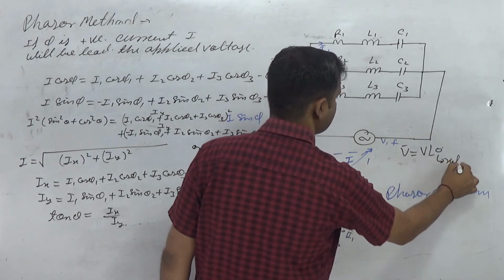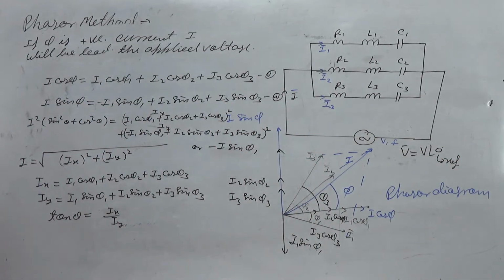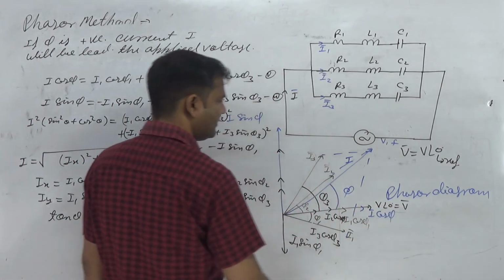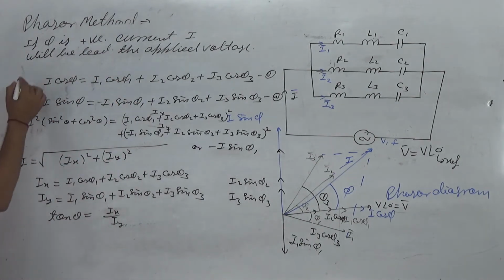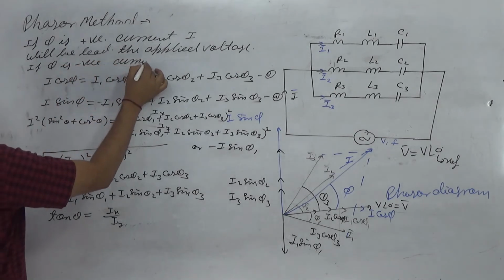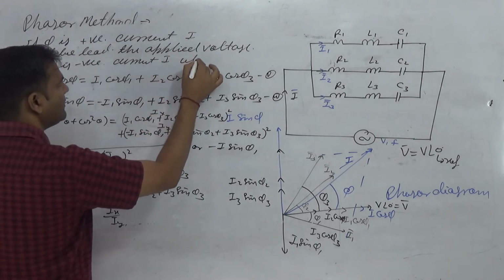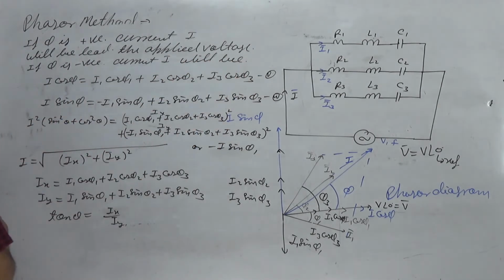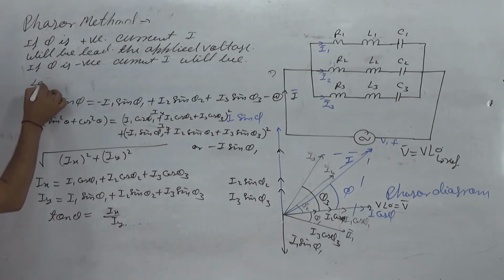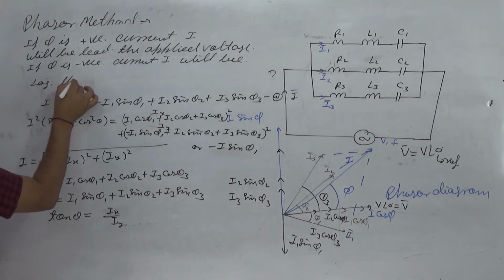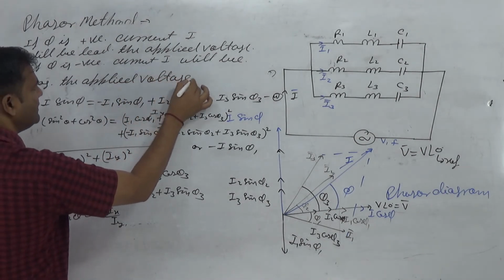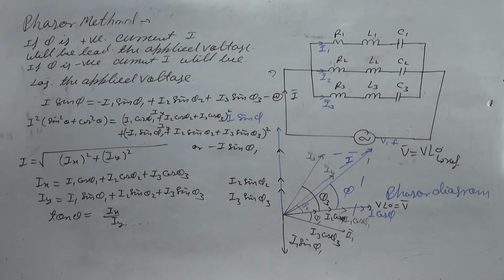If phi is negative, the current I will lag the applied voltage. So first of all make this, after that we focus on numericals.